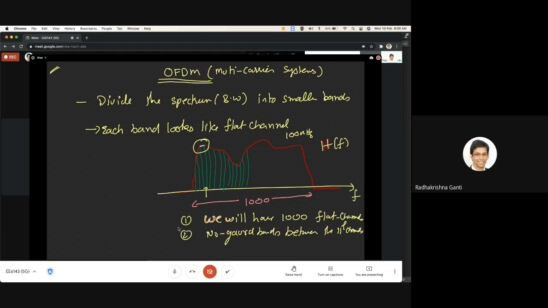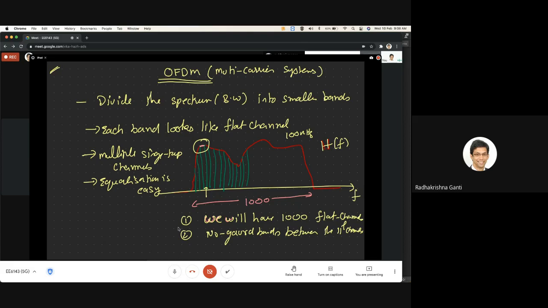This is the basic idea: in the frequency domain, you divide into small bins so that each effectively looks flat. Essentially you have multiple single tap channels, and because of this, equalization is easy.